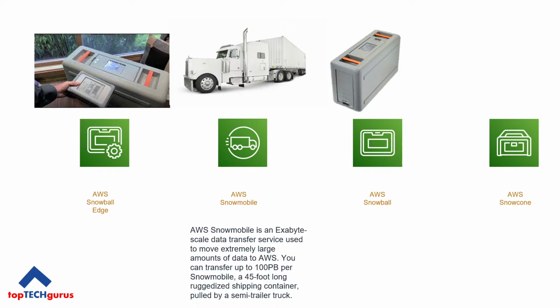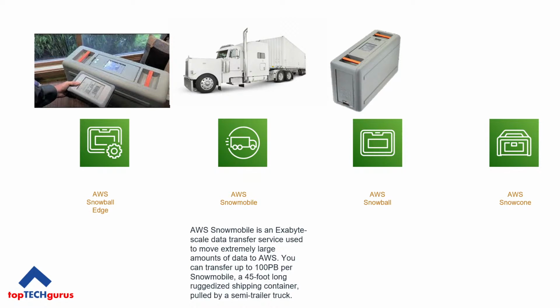Typically, internet today is really fast, and if you're using terabytes of data, even say 1,000 terabytes, it can be done using the internet. But when you have exabyte or petabyte level of data, moving it through the internet might take you months or even years.